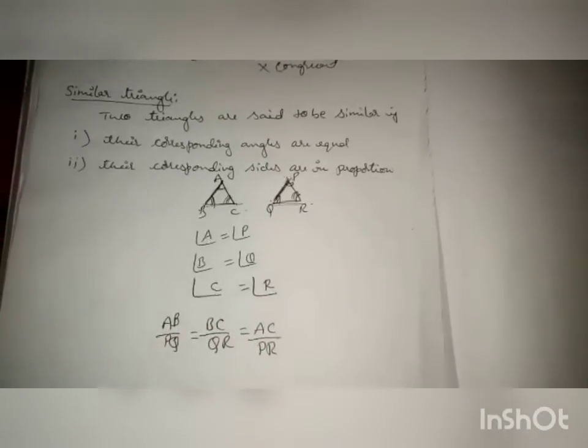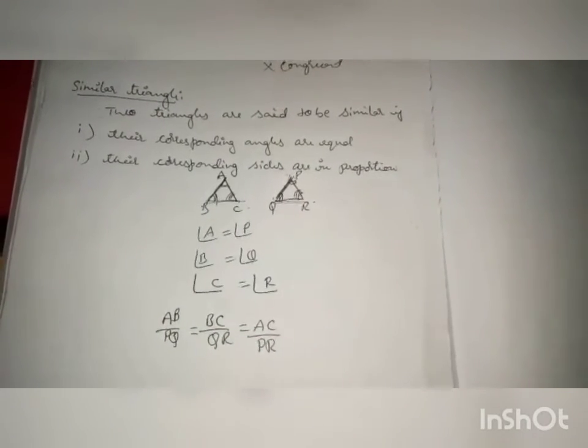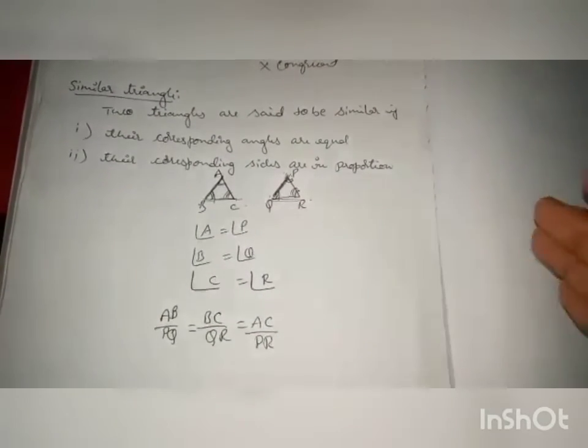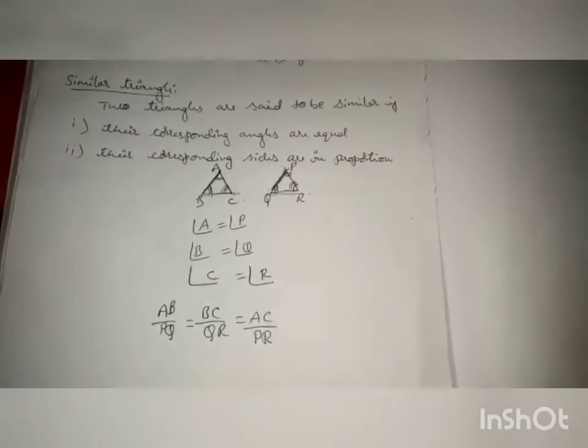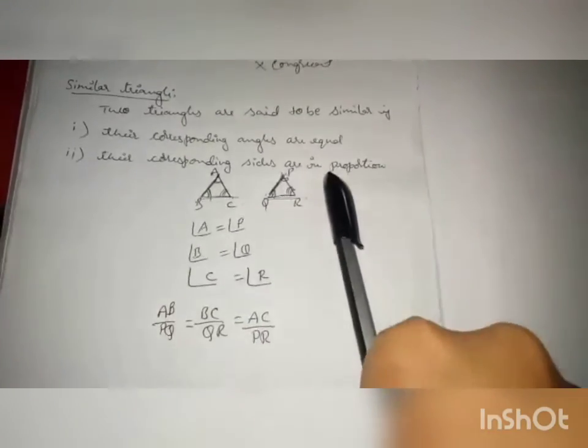So the basic difference between similar triangle and congruent triangle is that in congruent triangles all angles and all sides will be equal, but in similar triangles all angles will be equal, but their corresponding sides are in proportion. Understood?